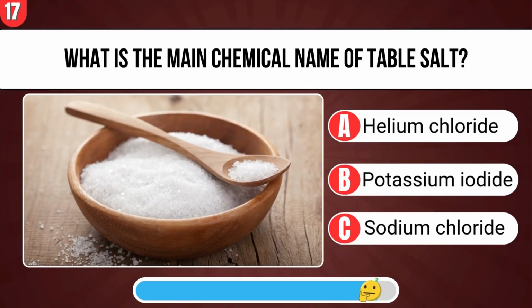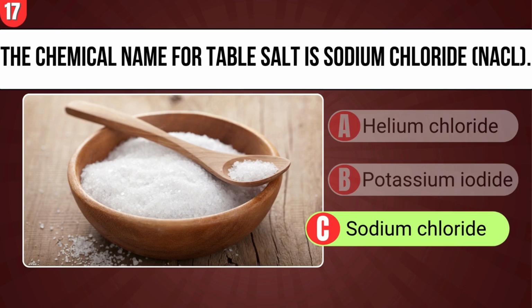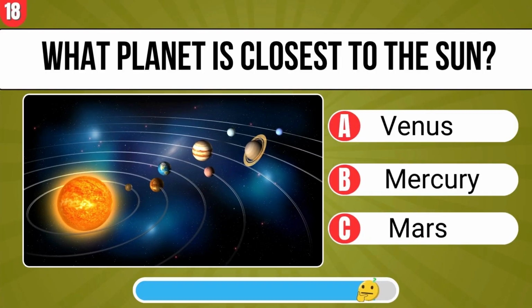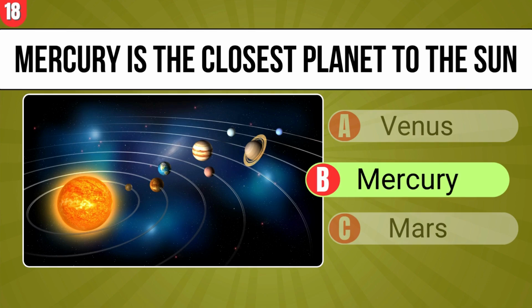What is the main chemical name of table salt? The chemical name for table salt is sodium chloride. What planet is closest to the Sun? Mercury is the closest planet to the Sun.